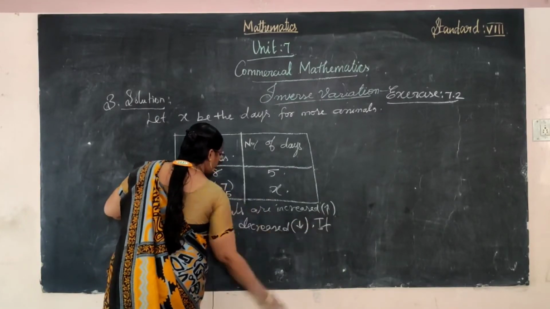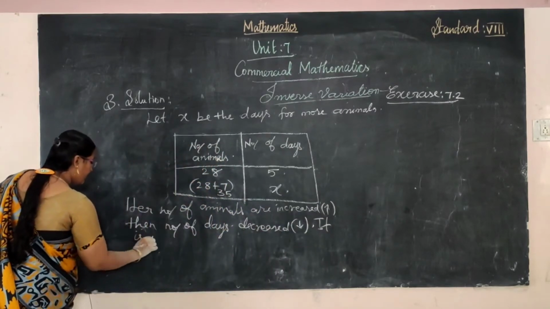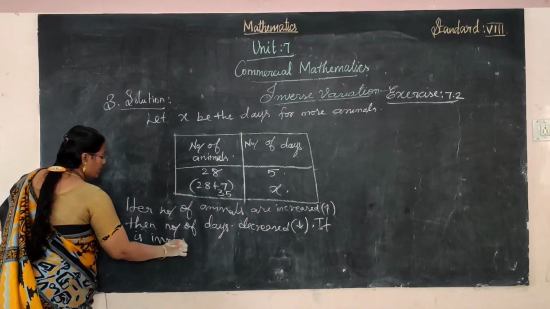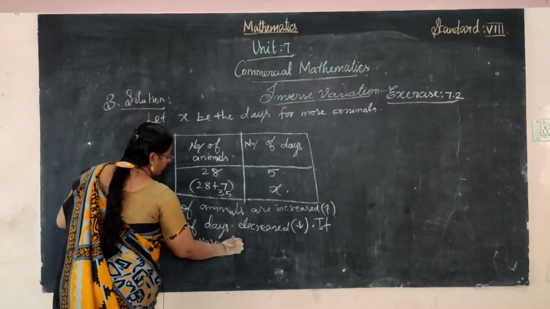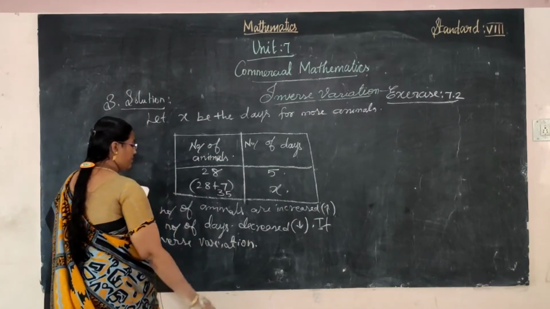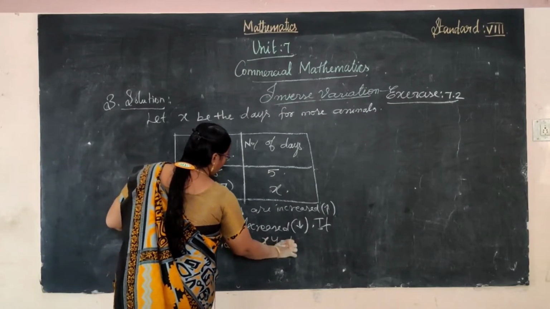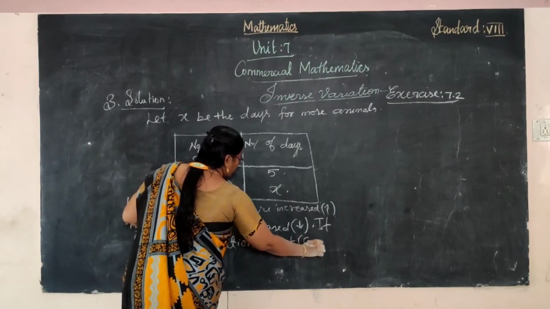It is inverse variation. So xy is equal to k, constant.